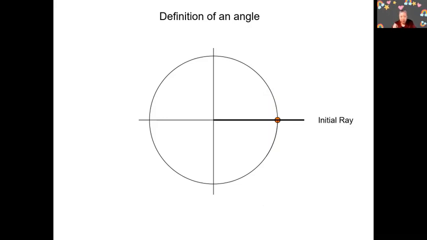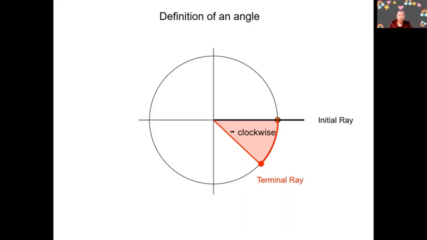Still, it starts from the initial ray. The initial side is always placed on the right side of the horizontal axis. Now, if the terminal side of the angle is placed in quadrant 4, and you want to measure the angle from the initial side towards the terminal ray that way, which is clockwise, then we measure the angle negatively.